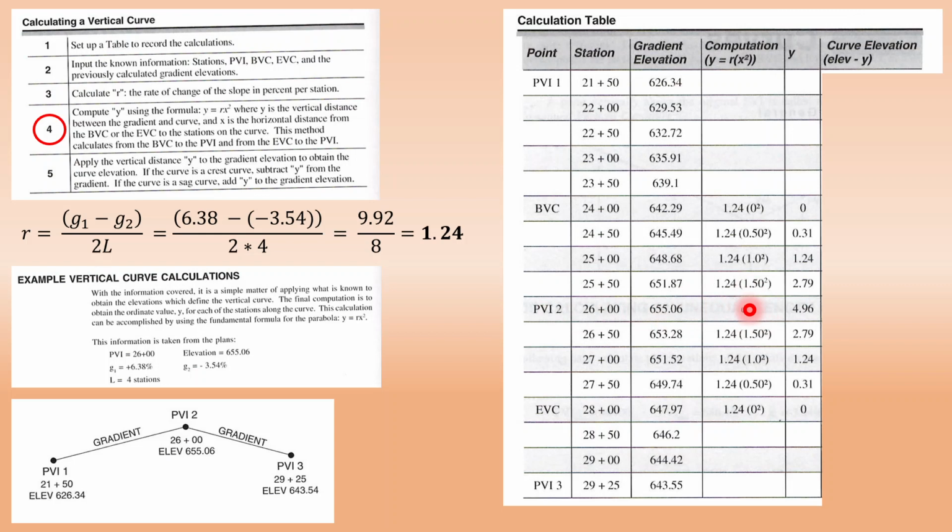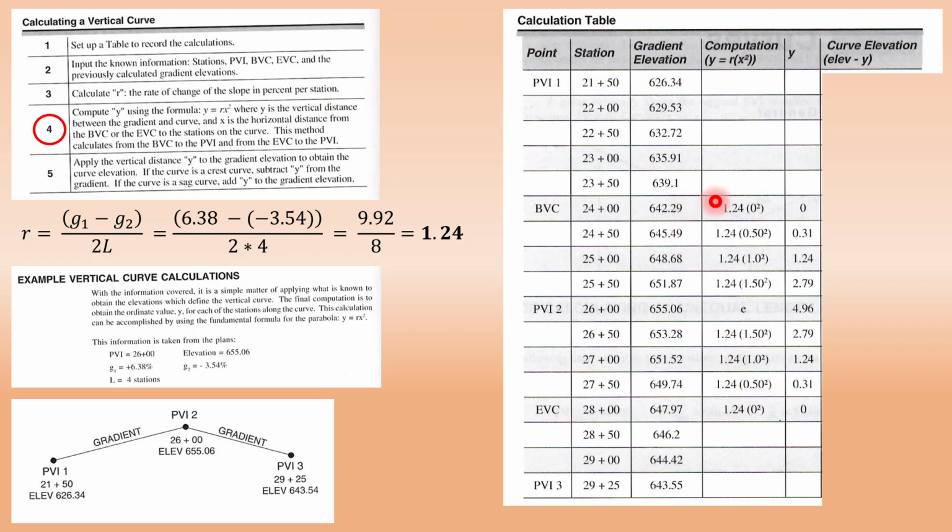And then you're working kind of backwards, where now your x distance is as measured from the end, so we're 1.5 stations away from the end, 26 plus 50 down to 28 plus a pair, right? And then when we proceed up to 27 plus a pair, we're only 1 station away from the end, and at 27 plus 50, we're half a station away from the end. So here's another good example of where you can see the symmetry coming into play here.